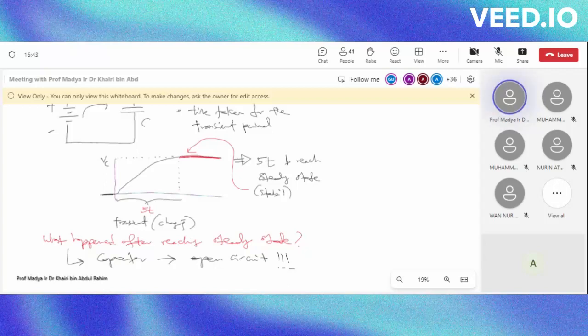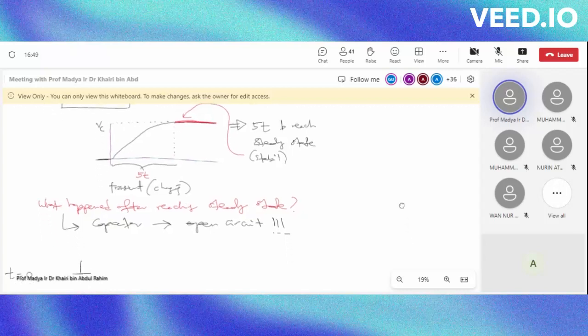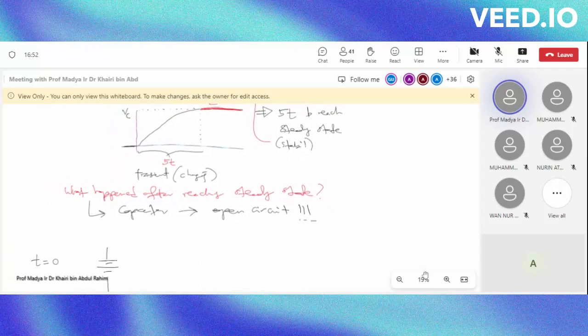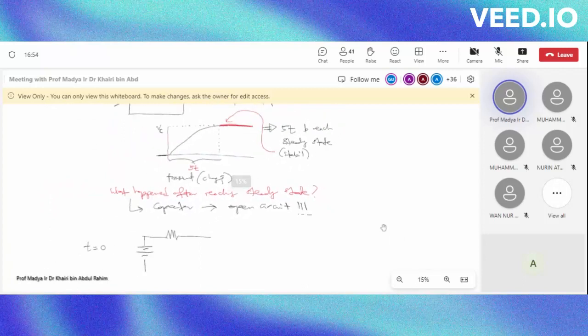if I can simplify like this, at t equal to 0, the circuit looks something like this. Okay, so over here, this is initially, this is capacitor.